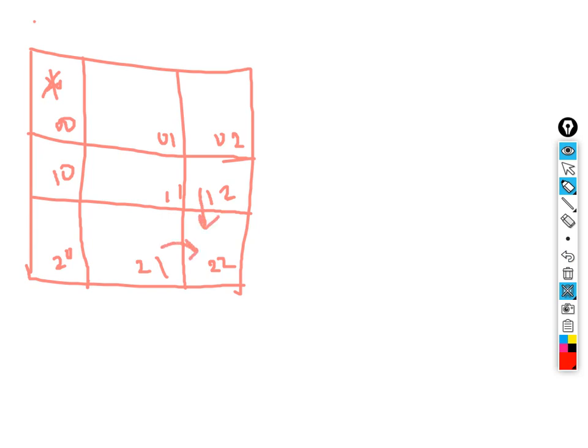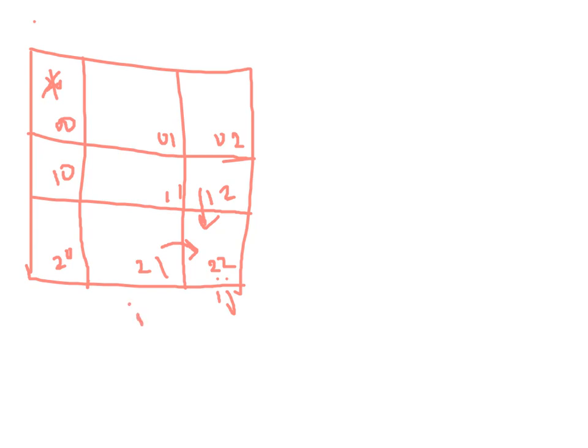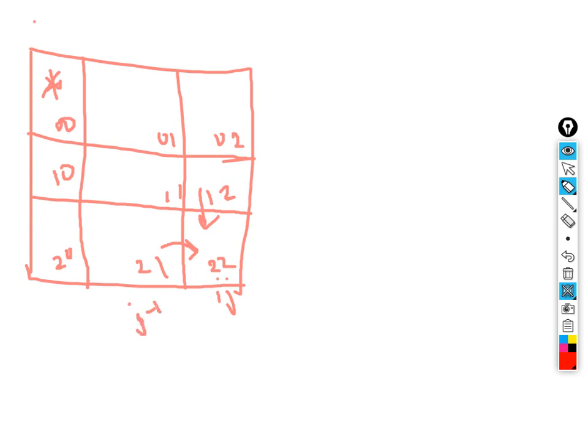Given this is I and this is J, this I, J is reachable from I, J minus 1, and it is also reachable from I minus 1, J. So these are the two ways from where it is reachable.